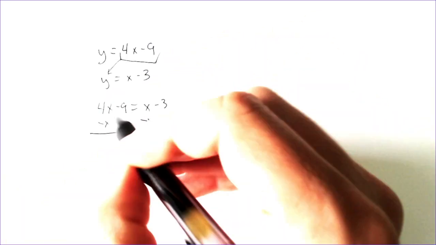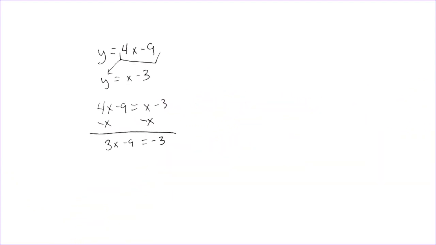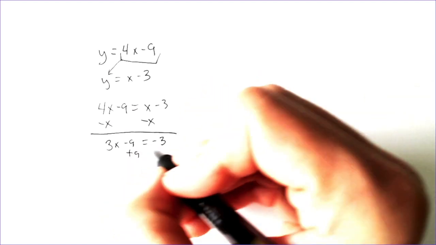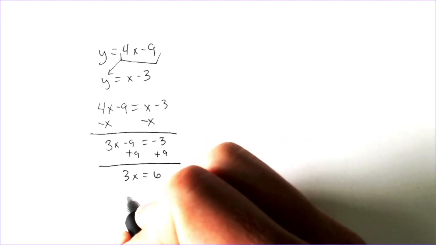Subtract x from both sides. 4x minus x is 3x. Minus 9 equals negative 3. I'm going to add 9 to both sides. 3x will equal 6. And when we divide 6 by 3, you get x is equal to 2.